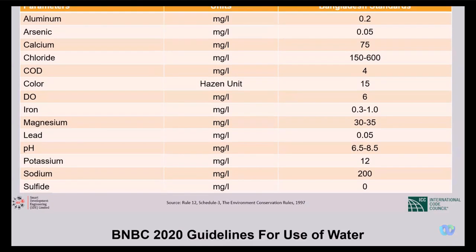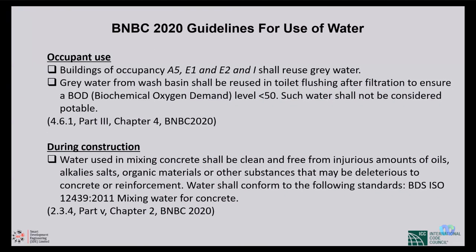That's it. And next, BNBC 2020 guidelines for use of water. They talk about two types of water: the water we use and the water we use during construction. The water we use needs to have a BOD less than 50 after flushing, to ensure that it's clean for disposal to the sewer systems.